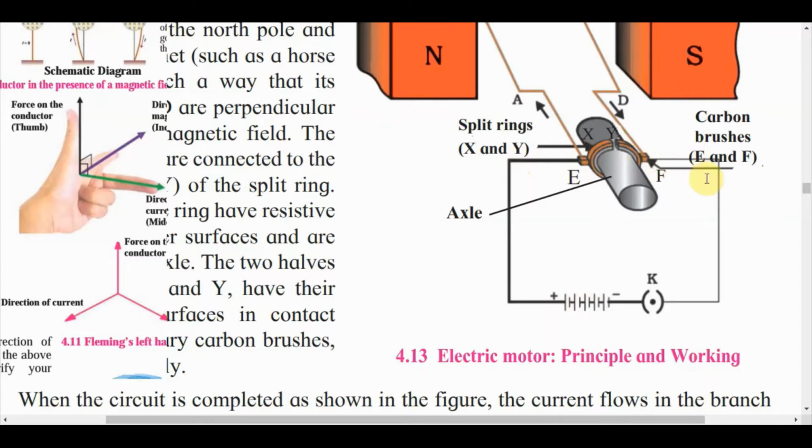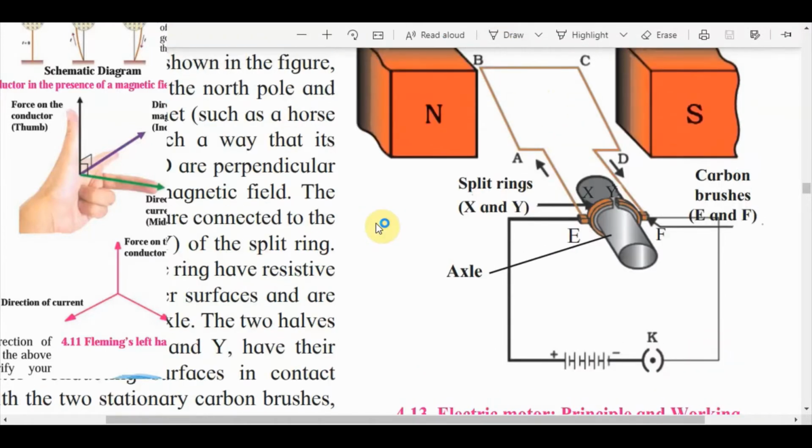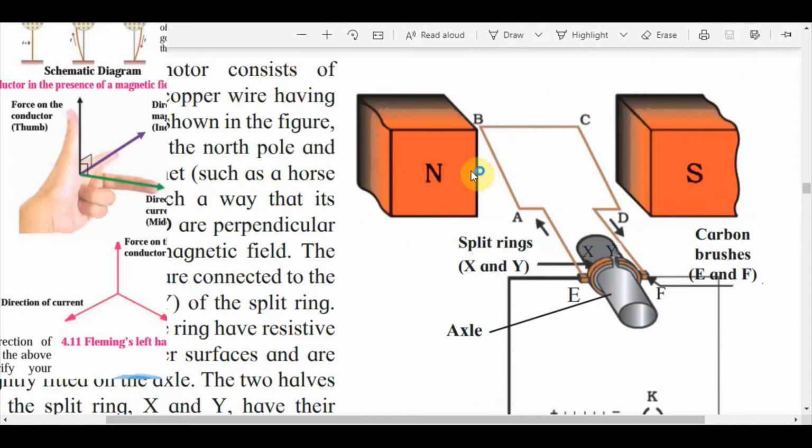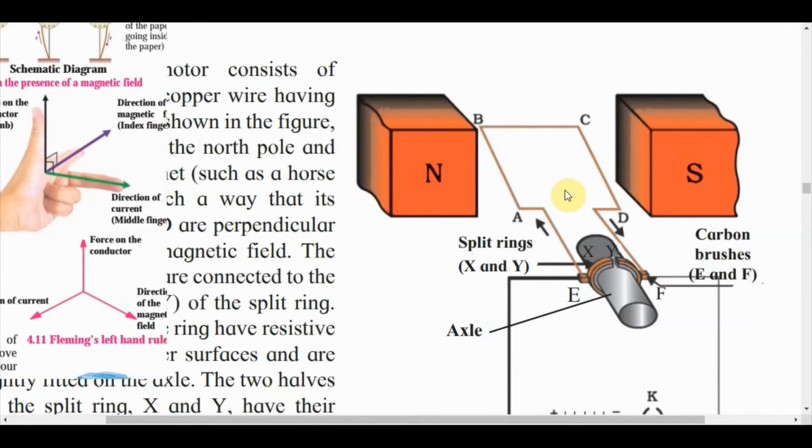These are the connectors, and it is also connected to the insulated copper wire which is inside the magnetic field. Now you know the direction of the magnetic field. In this diagram, this is the direction of the magnetic field, and the same way here. Now the direction of current is like this, and the force will be upward, which we will see later. So this is the construction of the electric motor.